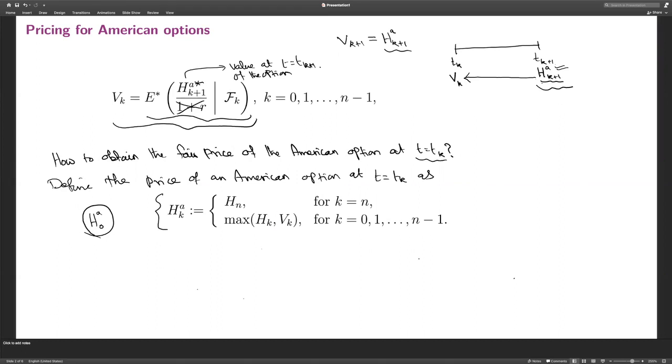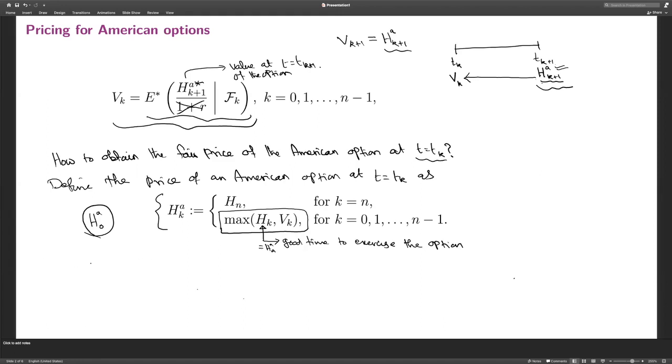The next interesting and important question is, what will be a suitable time for the holder to exercise the option? You can see that at every intermediate time level, you are taking the value of the option as this. In this, you can see that if H_k^A is equal to H_k, that is the maximum is the payoff, then that time is a suitable time for the holder to exercise the option.